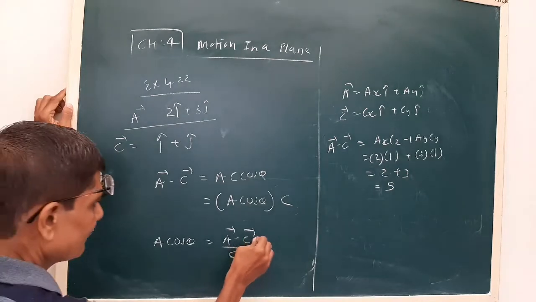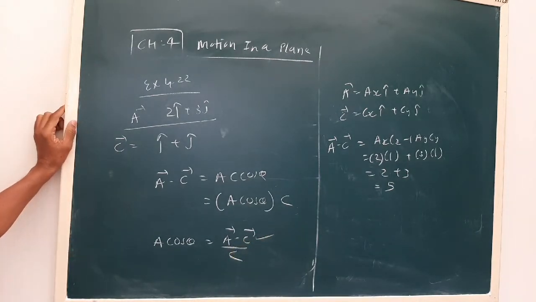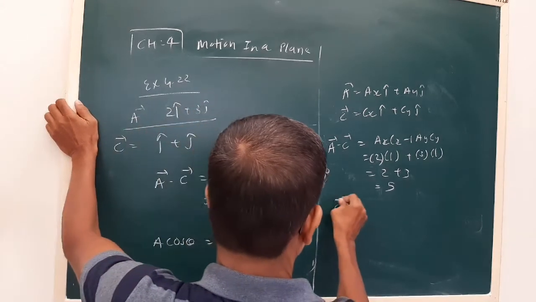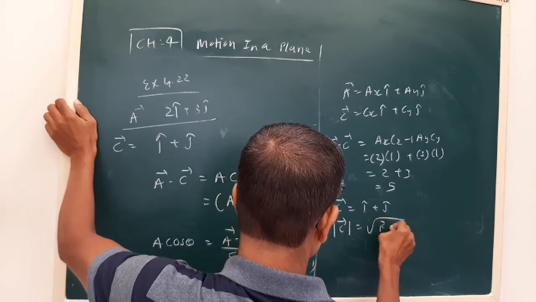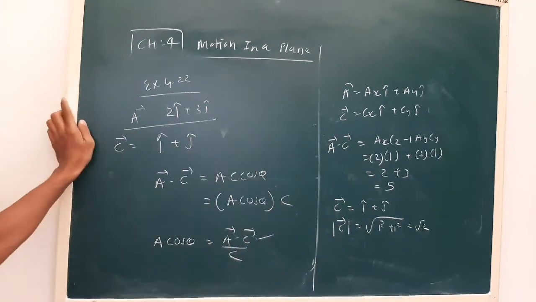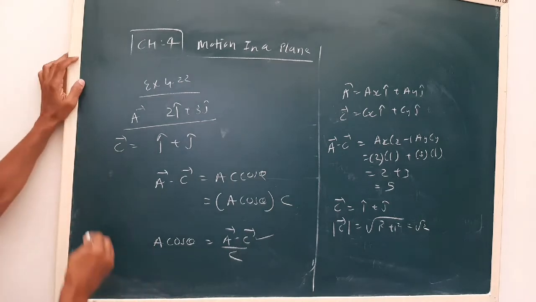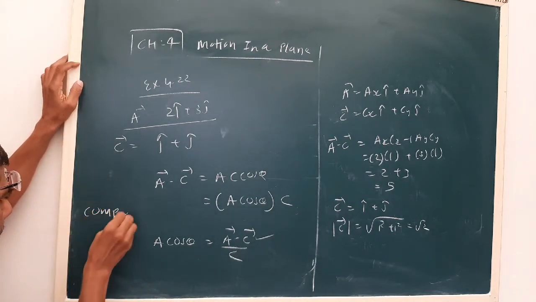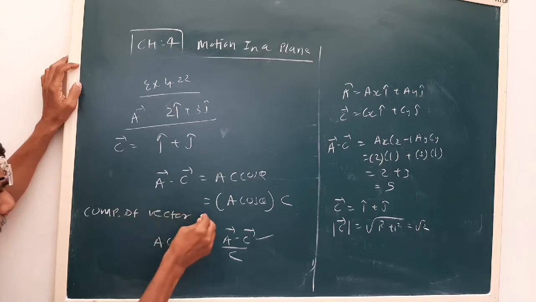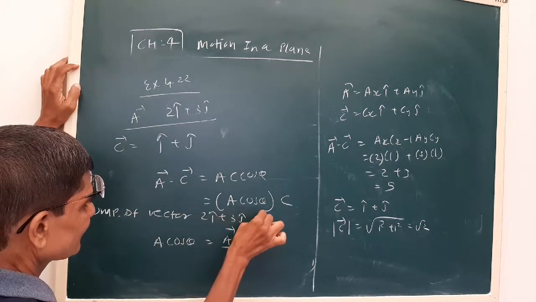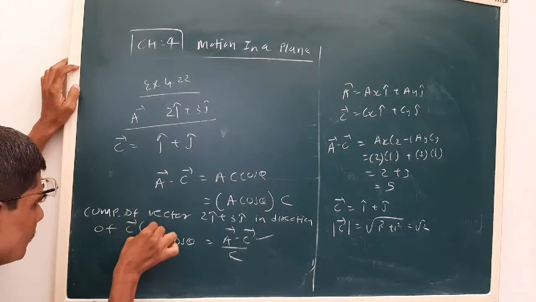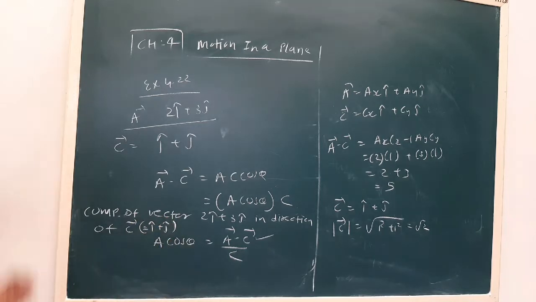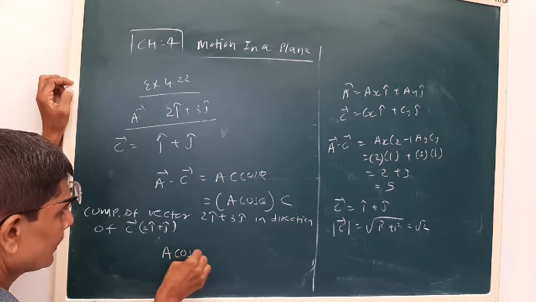Now I have obtained the value of the numerator, that is A dot C. Now what is the magnitude of vector C? C is i plus j. The component of vector i plus 3j in the direction of C, that is i plus j, is A cos theta.